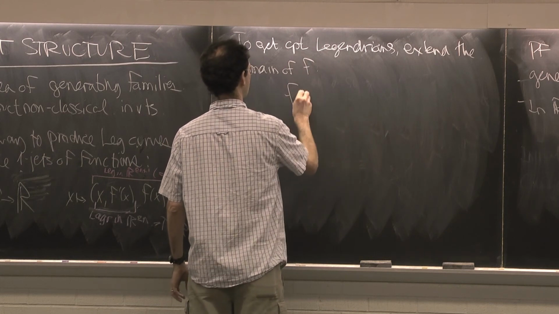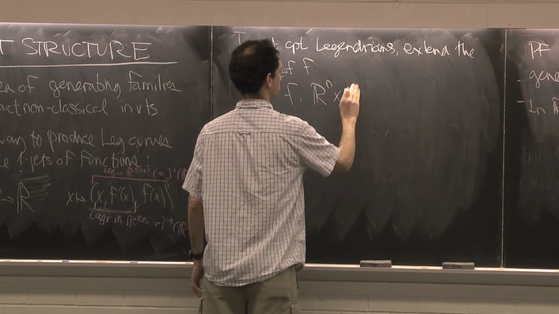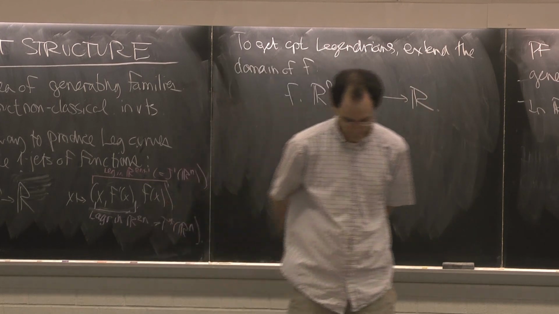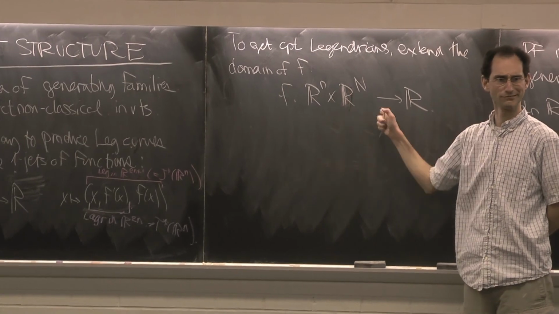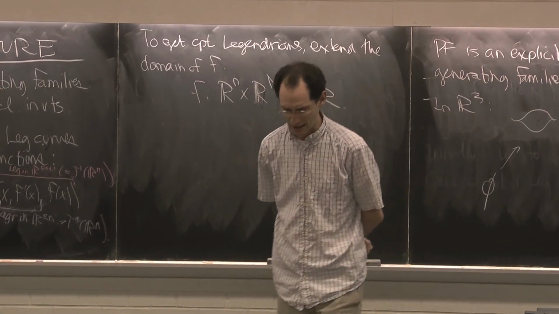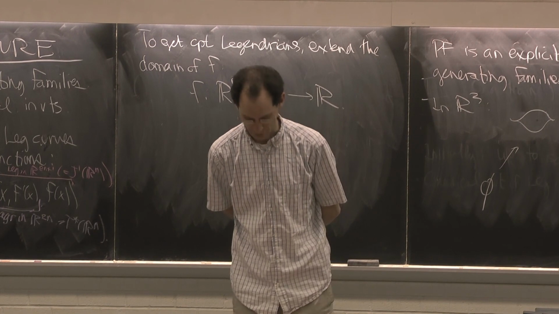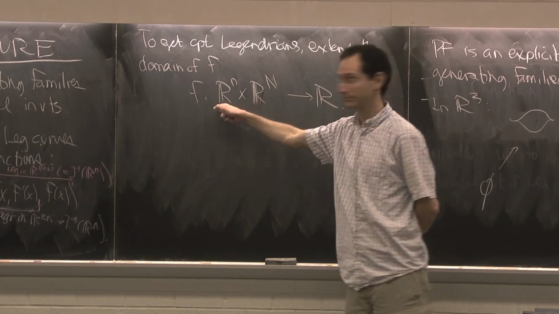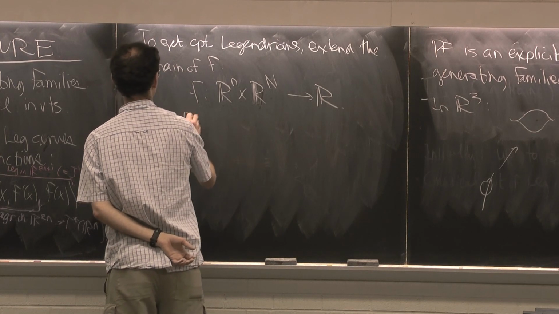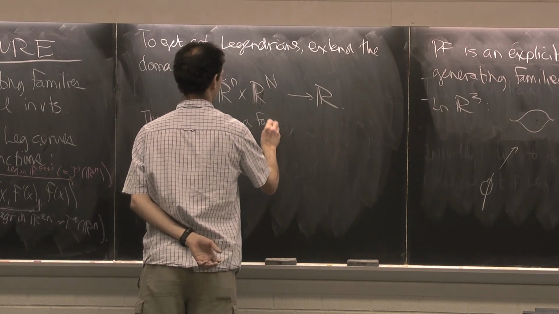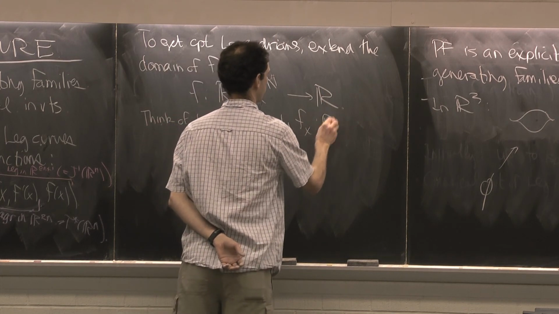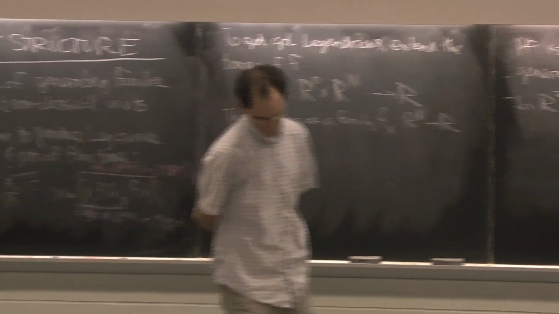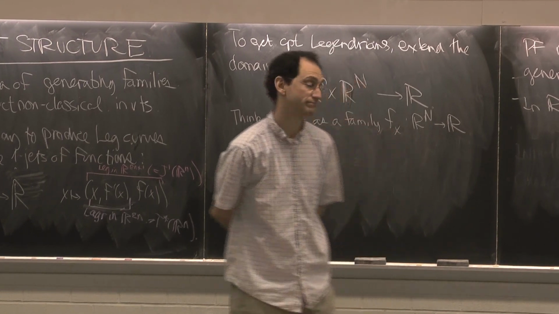So we'll think of f now as a function from Rn cross some possibly very, very large Euclidean space to R. And instead of trying to graph that, because that wouldn't be in Rn plus 1 anymore, we'll think about f as a family of functions on our big RN parameterized by the x's in R little n, and then we'll take its Cerf diagram.